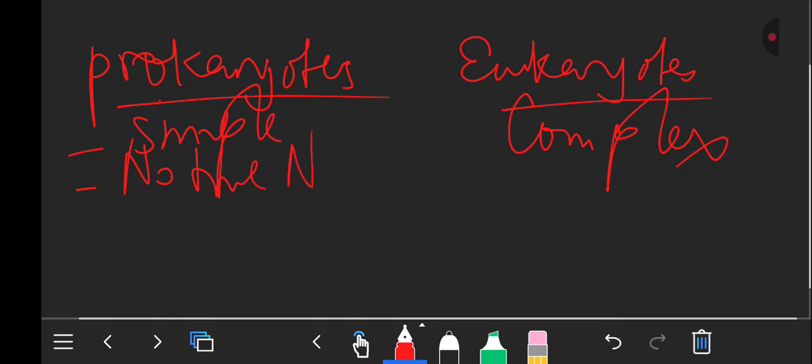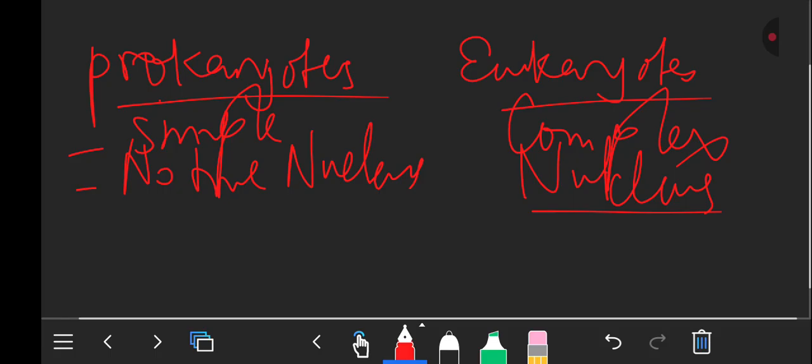Not true nucleus. Very important. The eukaryotes have a true nucleus. Okay? So we need to understand that also. Then the prokaryotes are small in size. The eukaryotes are big. They are really big in size.